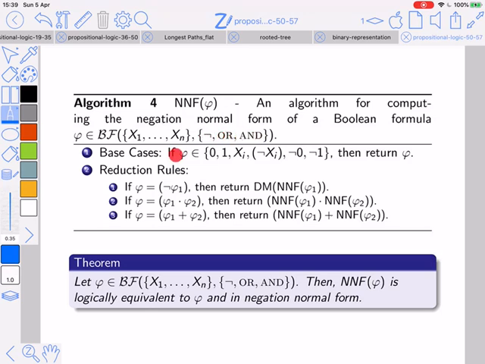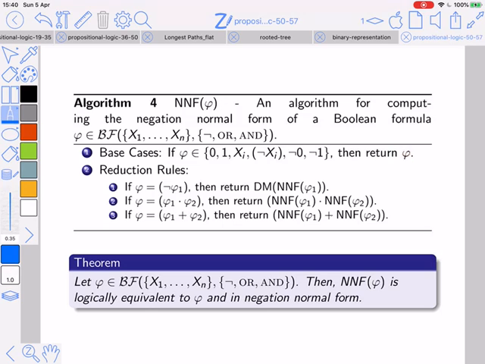The base case says if phi is one of these 6 Boolean formulas, namely if the parse tree of phi has at most 2 nodes, then you return phi itself. Okay, so NNF of 0 is 0, NNF of 1 is 1, NNF of not x_i is not x_i, NNF of not 1 is not 1. It could be 0, but this is not an important case. For simplicity, we just return phi.